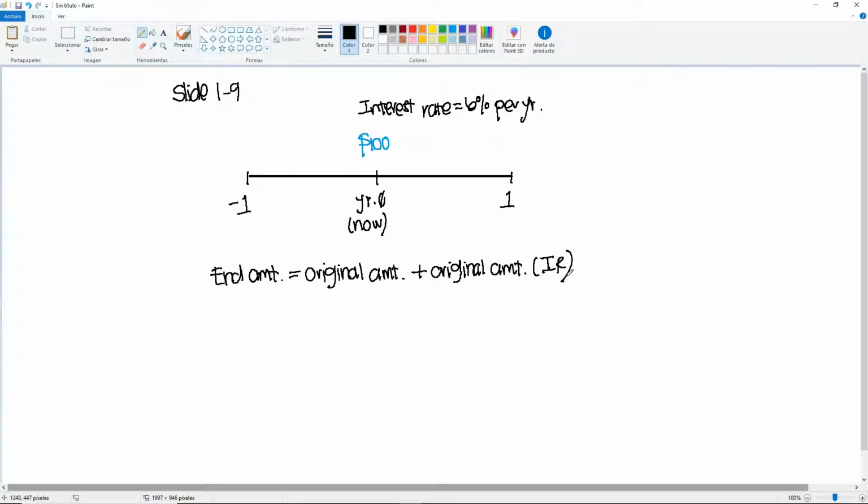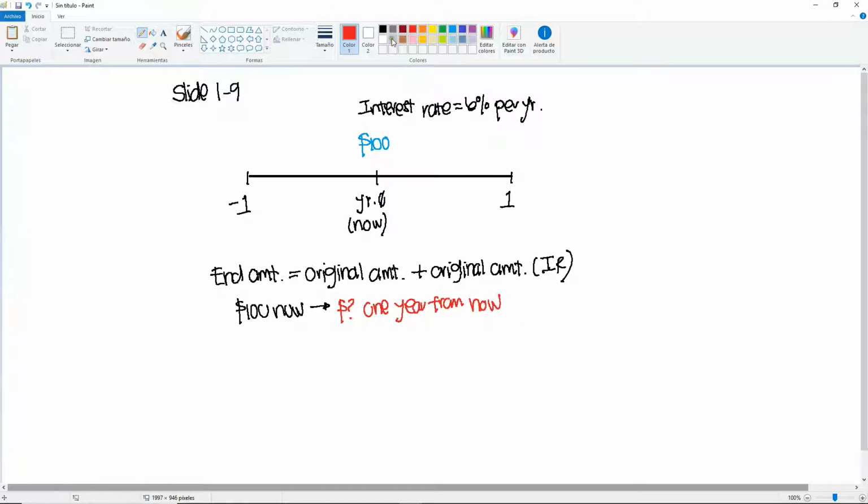Okay, so if we have $100 now, we can use that same formula to find how much money we're gonna have 1 year from now.